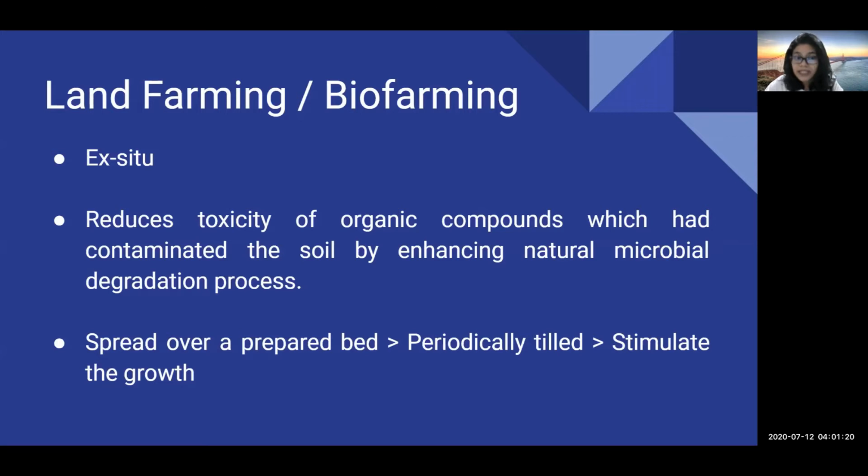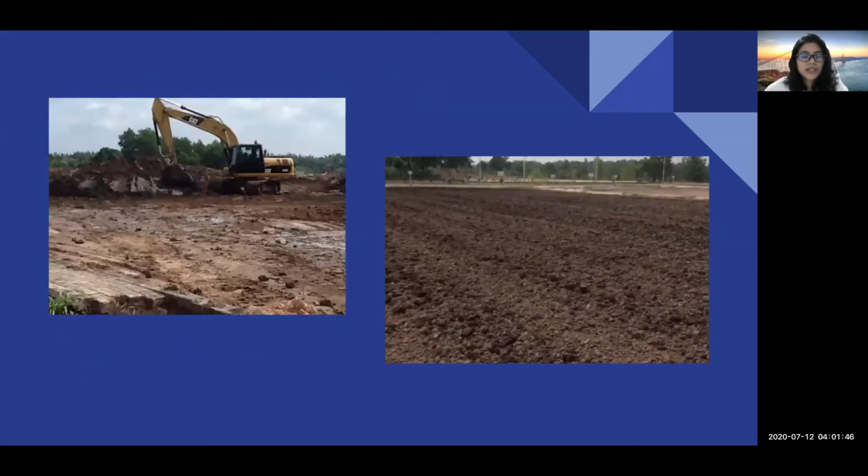Briefly, biofarming is a treatment process whereby the contaminated soil is spread over a prepared bed, and it is periodically tilled to stimulate the growth of the existing biodegradative microbes. As you can see, this picture shows the excavation of the contaminated soil, and this is the result of the tilling process.